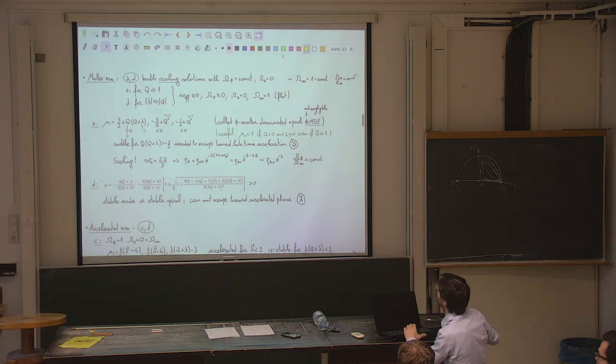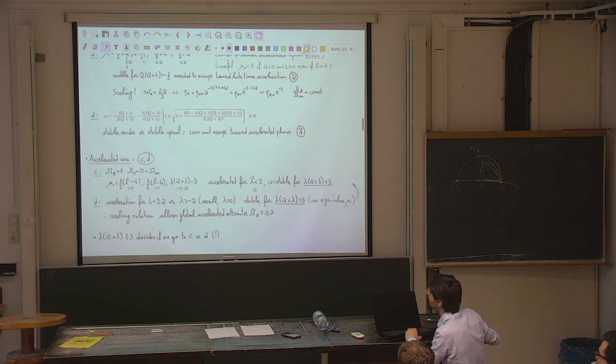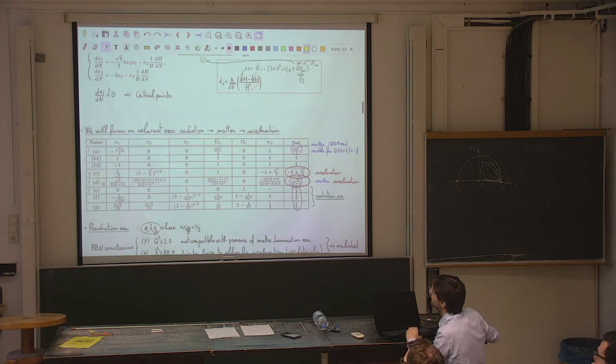We have our matter domination epoch, which is a saddle point. Then we want our acceleration, that is given by C and D, as we have seen. So we have point C and point D, where you can see the condition for the acceleration given here.